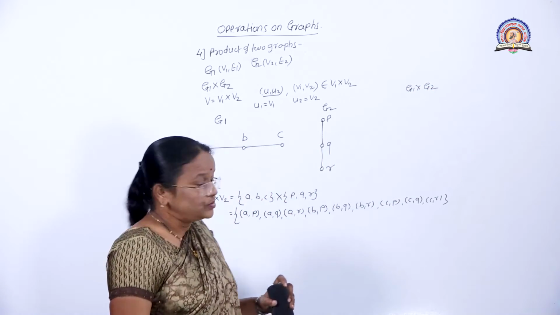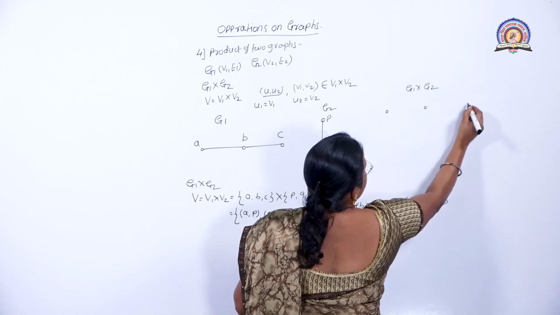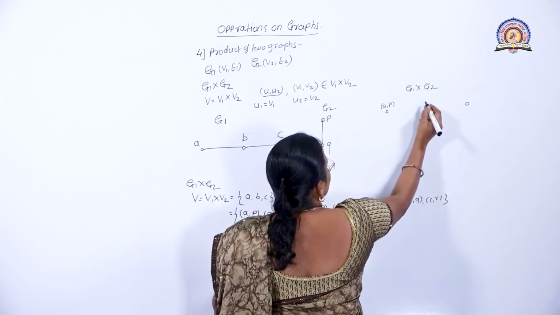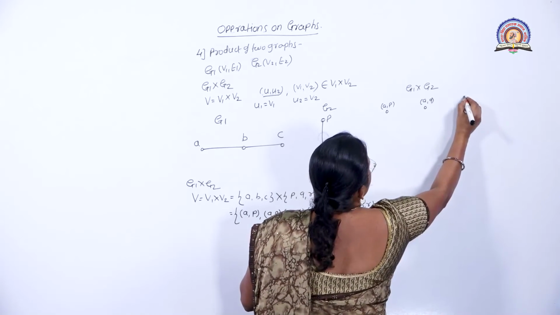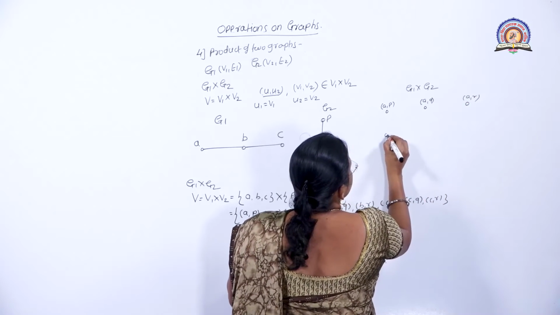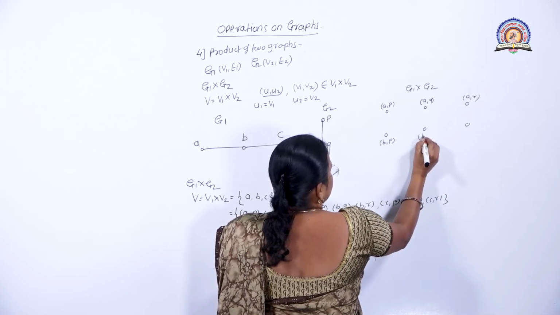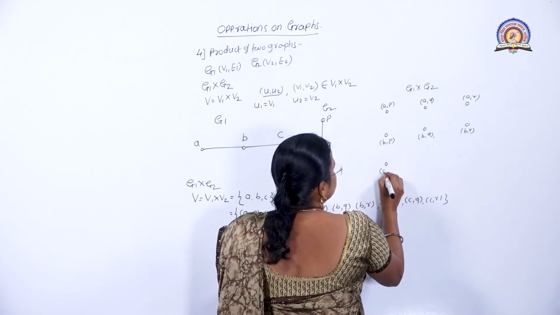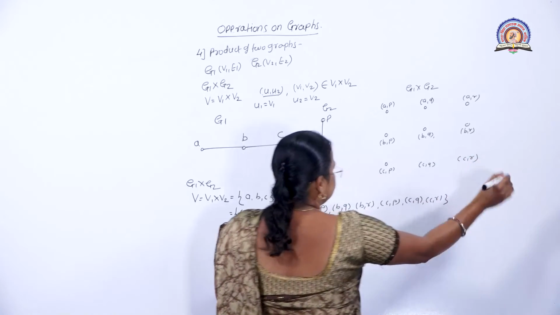Now we draw them first, second, third. We name them serially: AP, AQ, AR, BP, BQ, BR, CP, CQ, CR.